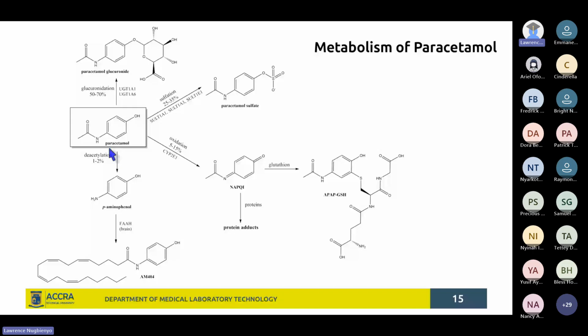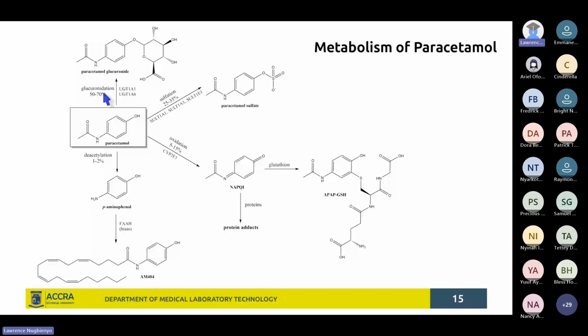You have different pathways here. The interesting thing is, with this drug paracetamol, look at it. You have 50 to 70% of paracetamol undergoing glucuronidation. That's a similar reaction to what we saw with bilirubin binding to glucuronic acid residues.